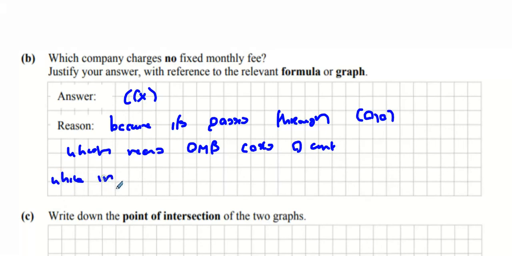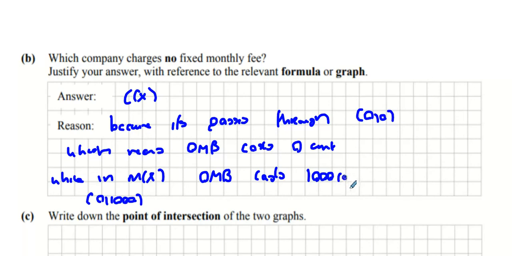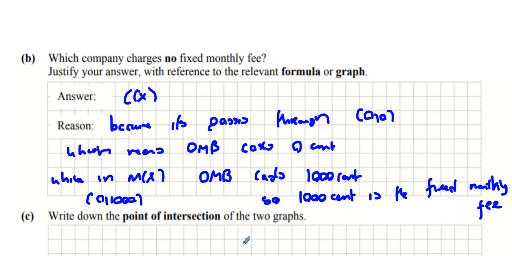While in M of X it is 0, 1000 cent. 0 megabytes costs 1,000 cent. So 1,000 cent is the standing charge, the fixed monthly fee. Okay, draw down the point of intersection of the two graphs.